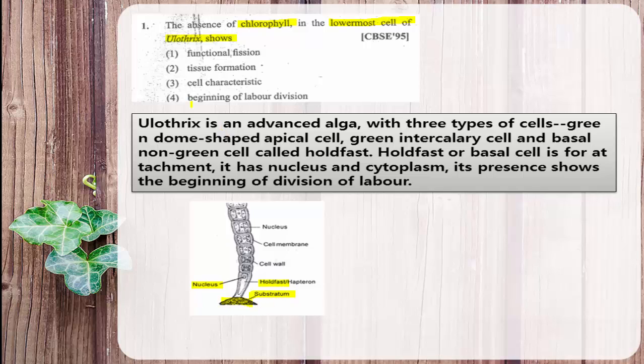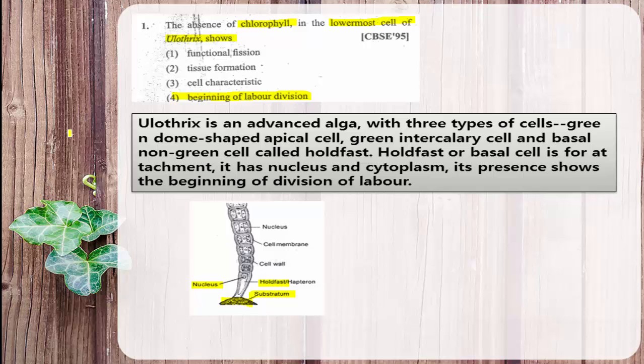This shows the beginning of division of labor. Division of labor means distribution of the work among different cells. Even in the human body we can see division of labor, because to do different functions in our body we have different organs and different systems.